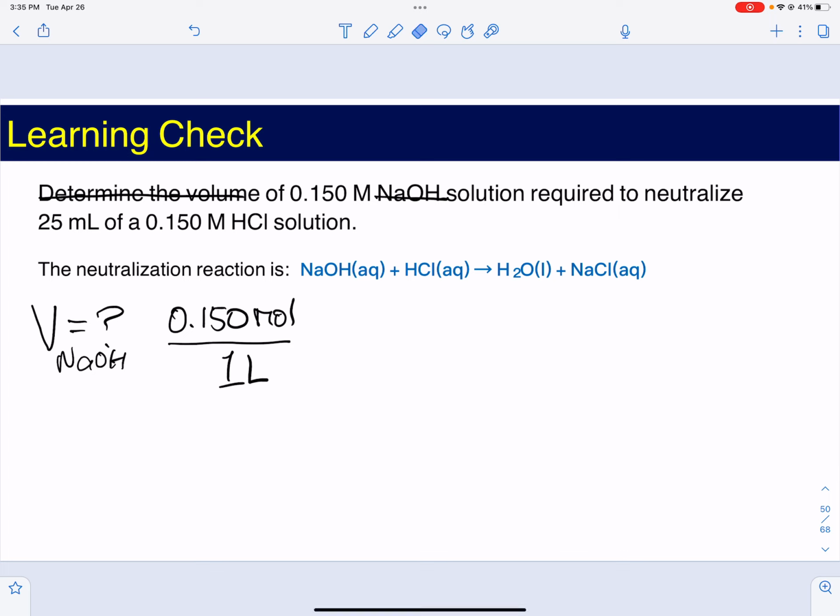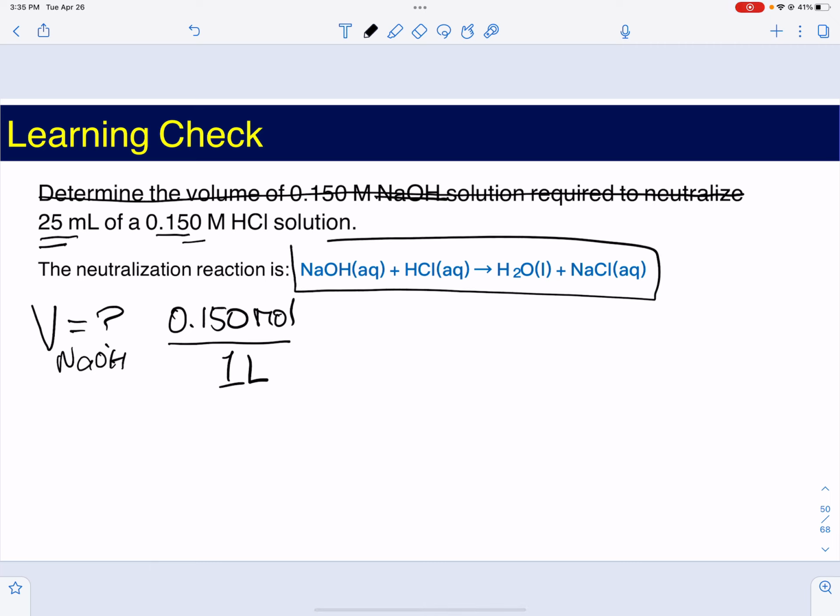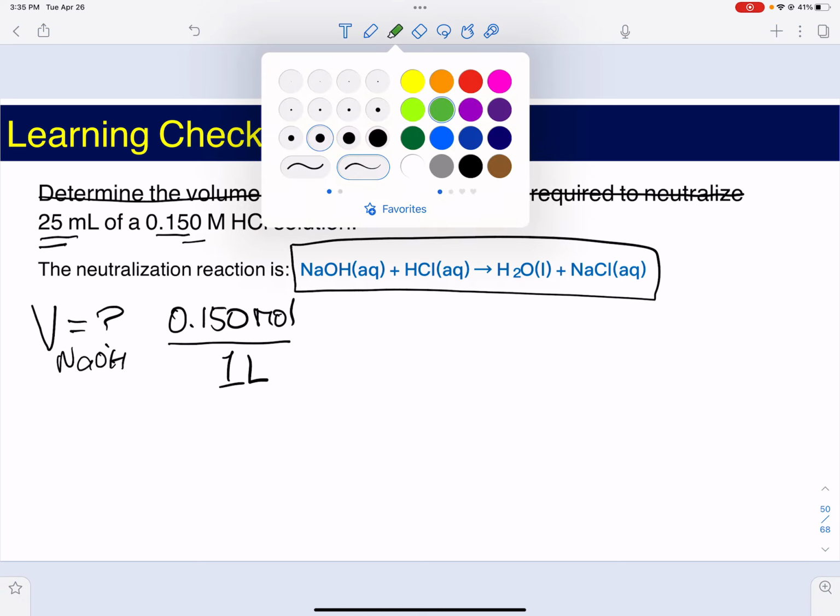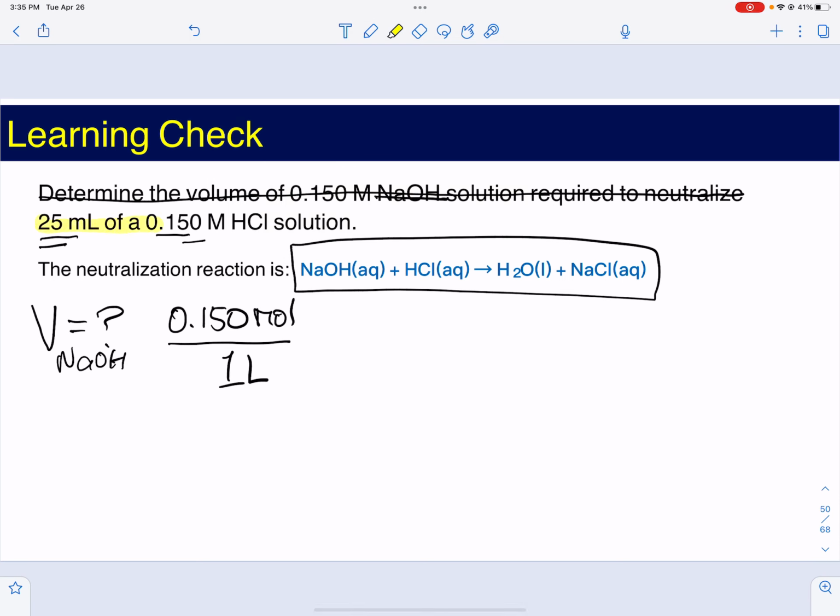Given that concentration, find the volume required to neutralize, or to react with, 25 milliliters of a 0.150 moles per liter HCl solution. And it's giving us a balanced equation. So the 25 milliliters of 0.150 is our HCl.